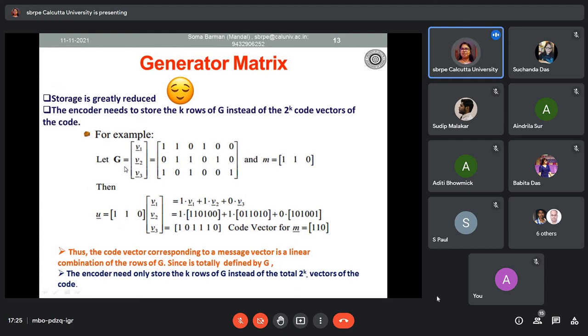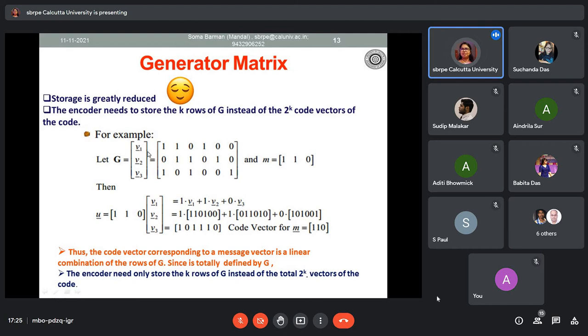Now G is V1, V2 and V3 for the (6,3) message vector. I am considering a (6,3) block code. 3 is the message bits and 3 redundant bits are added, so the code length n is 6 and k is equal to 3.